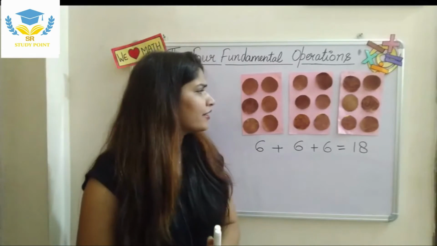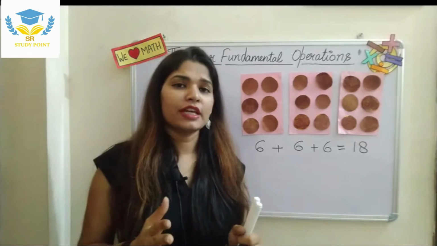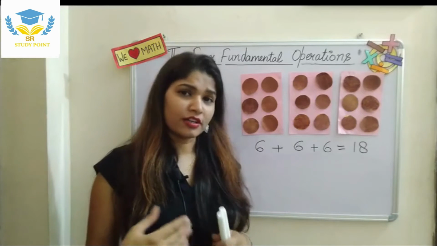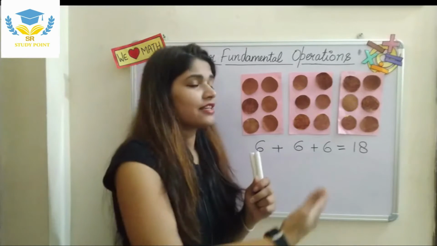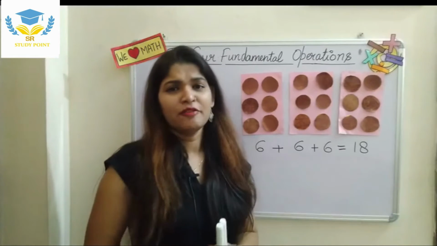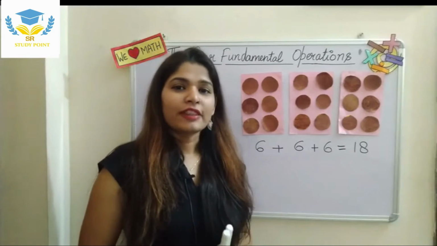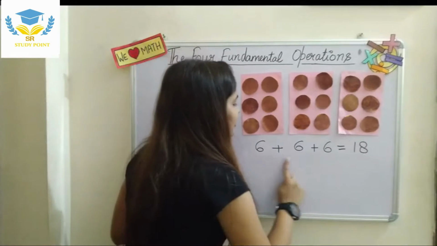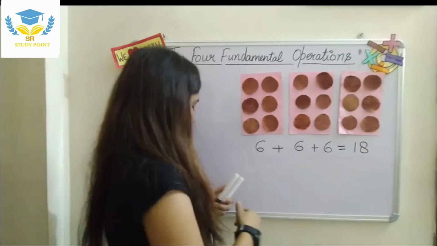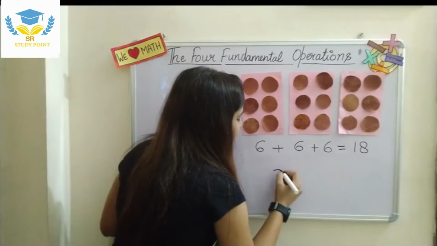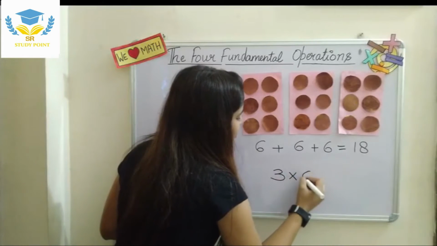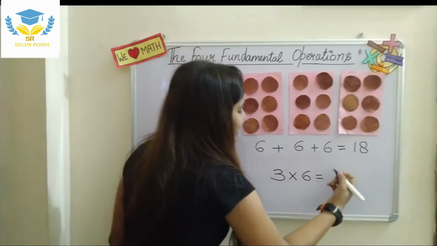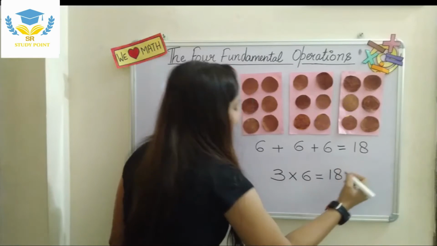But children, have you ever thought that if we bring more cookies, like if I have 10 trays of cookies, then I have to do 6 plus 6 plus 6 plus 6 plus 6. It will be a lengthy process. So for an easier way, I can write it down like 3 times 6. 3 times 6 means if we add 6 three times, we'll have 18.